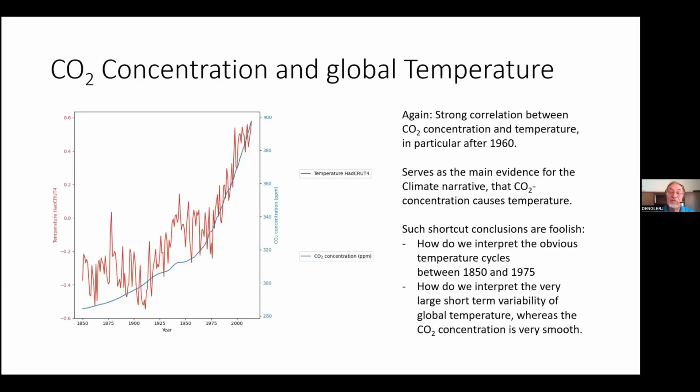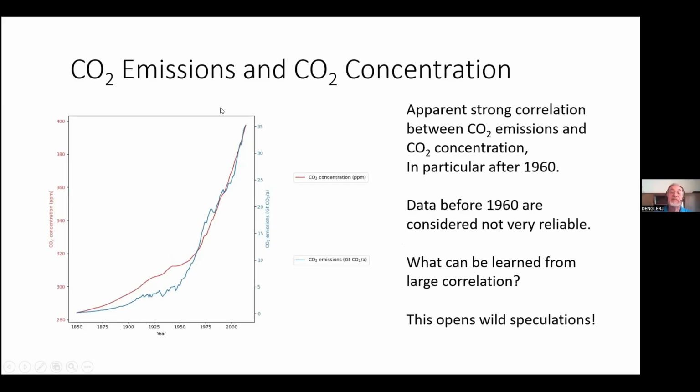First of all, how do we interpret the obvious temperature cycles between 1850 and 1975? We can see clear cycles here, whereas the concentration goes up smoothly. And the other part, which we will come back to later on: how do we interpret the very large short-term variability of global temperature, whereas CO2 concentration is very smooth?